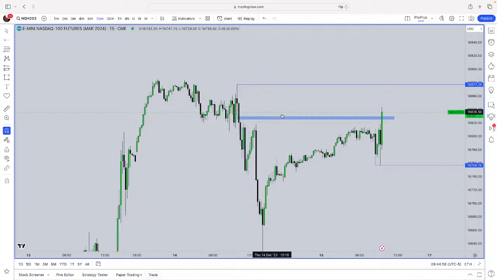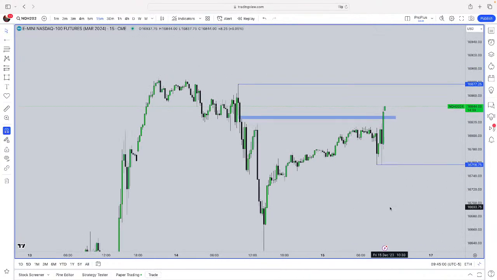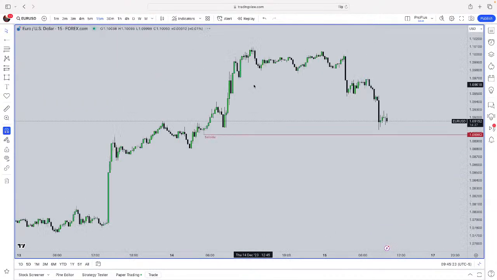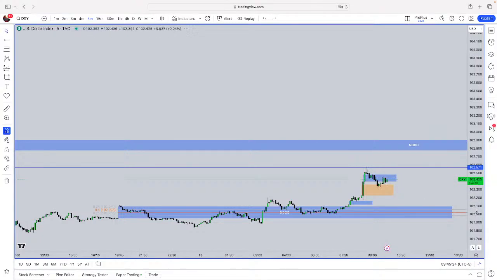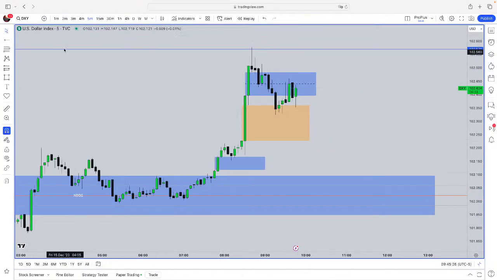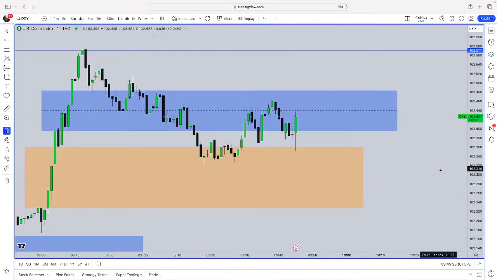It's down to 15. Let's take a look at the dollar. Nothing too much just yet.